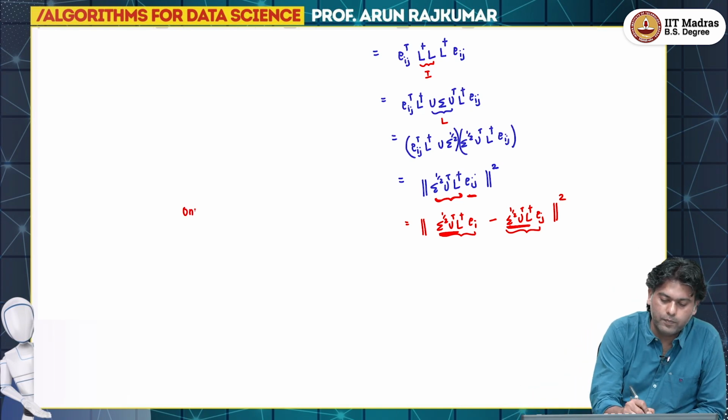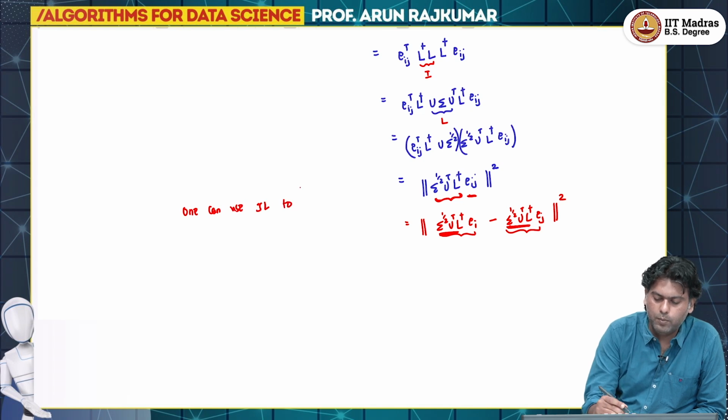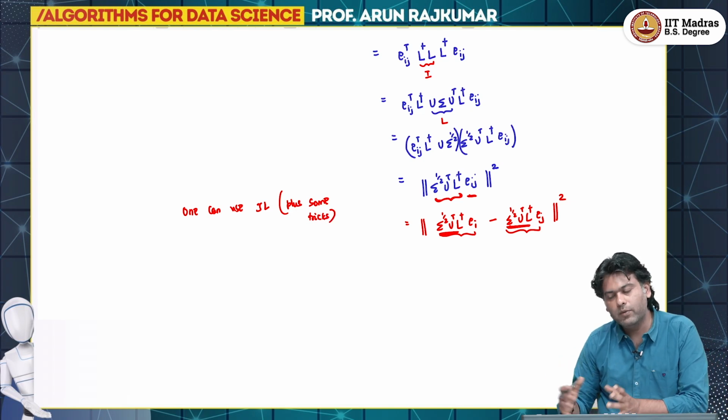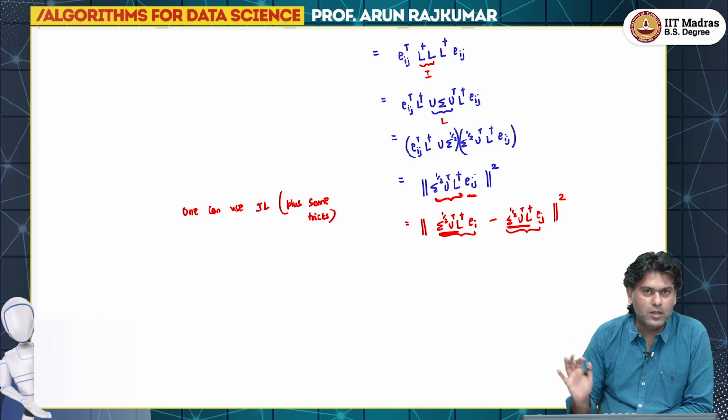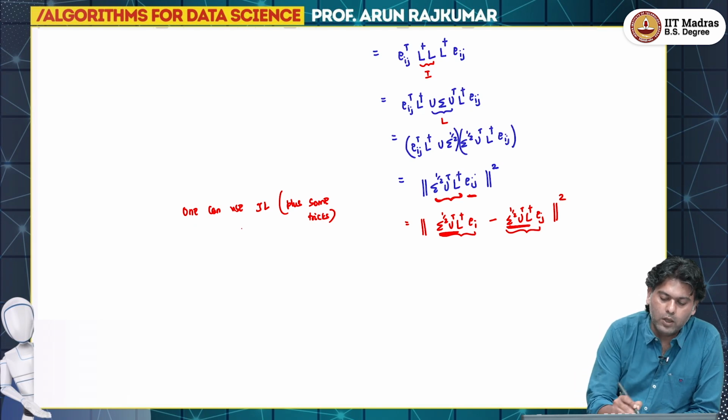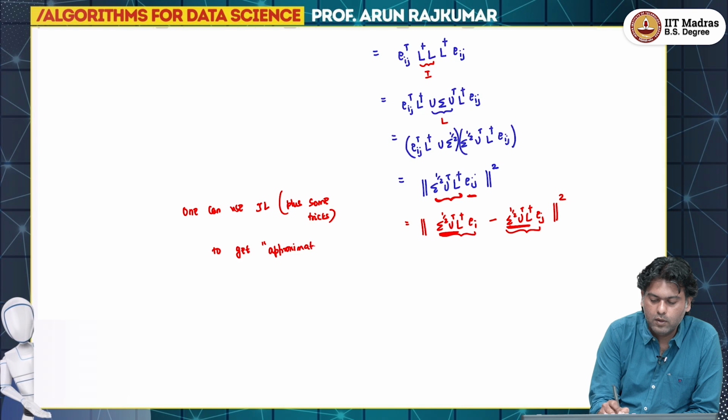One can use JL plus some tricks, and those tricks involve solving systems of linear equations for the Laplacian fast, which I am not going to talk about. One can use JL to get approximate effective resistances quickly.